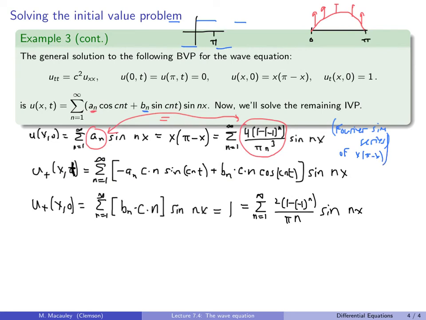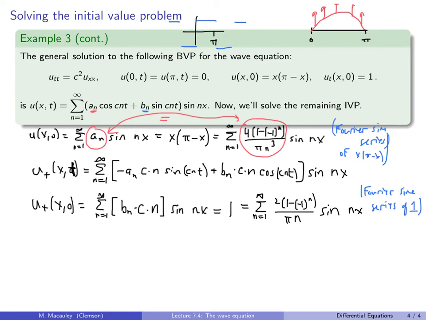And this down here is the Fourier sine series of 1, which is a square wave. And of course this isn't a square wave, but we just need it to be 1 on this interval. So this is the Fourier sine series of the function 1, which of course is the square wave.